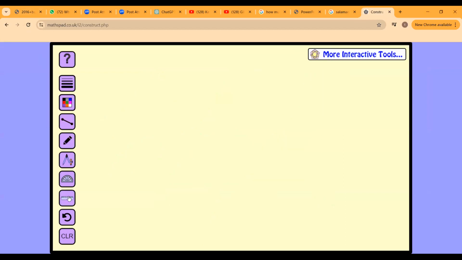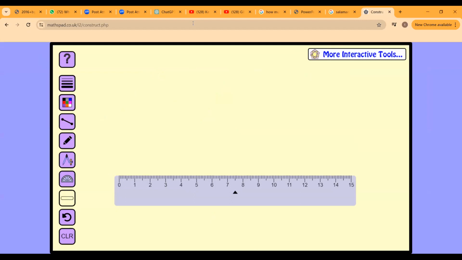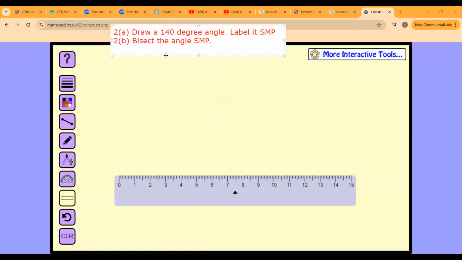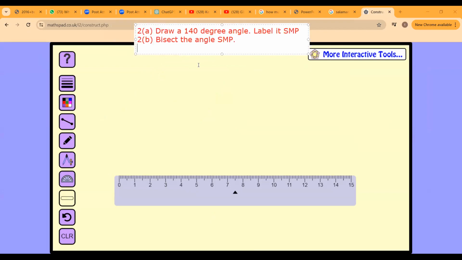Remember, the instruction says to draw a 140-degree angle, label it SMP. Then we want to bisect the angle SMP. So we're gonna go ahead and draw this angle.